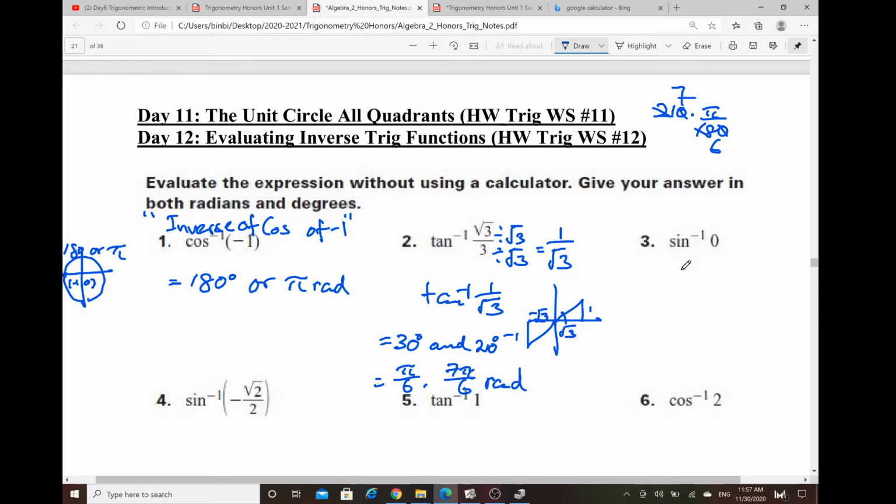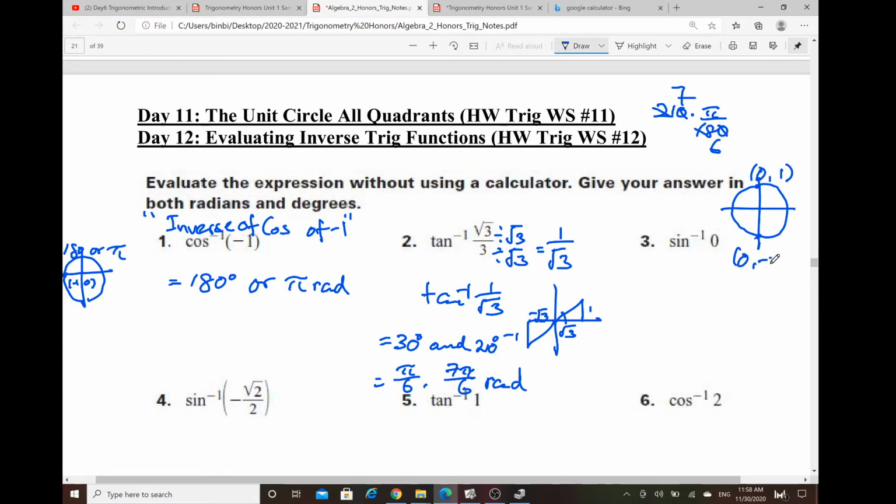And then inverse of sine of 0. So for the y value 0, it's either right on top here or down at the bottom of the unit circle. Again, sine of that angle is always the value for y. Excuse me, that's the wrong position. This one's supposed to be 0, 1.